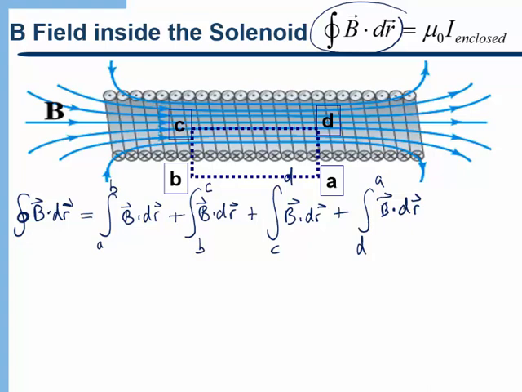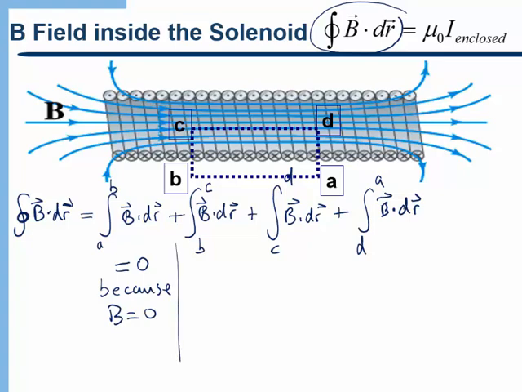You'll notice that the first integral from a to b is outside the solenoid on the side. So what do you think that's equal to? What's this part of the integral equal to? Well, hopefully you all yelled 0, because outside the solenoid, B is 0. That's why we just talked about that.